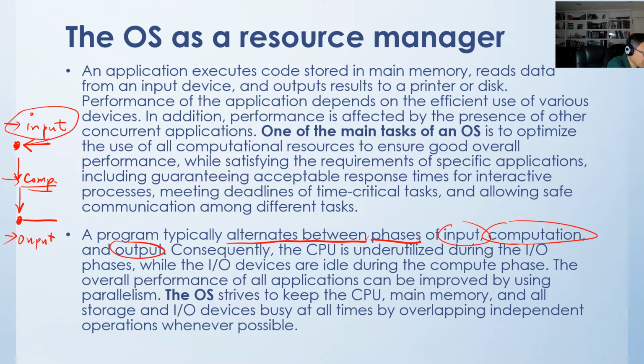Also, if the program is in the output phase, it's not using the CPU. However, while the program is in the computation phase, it is using the CPU to do the computation, and at this moment the program is not using input and output. So it basically alternates between the I/O phases and the computation phases.